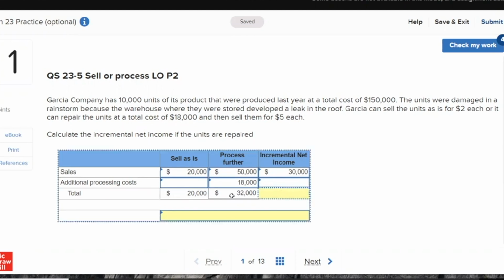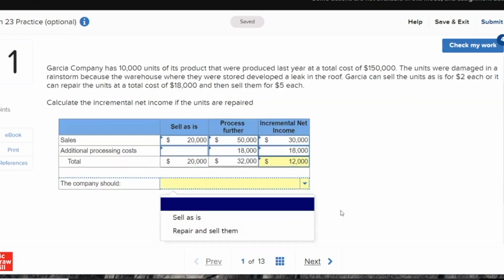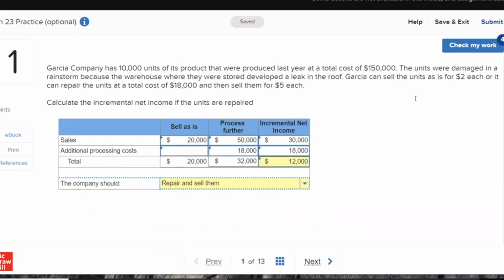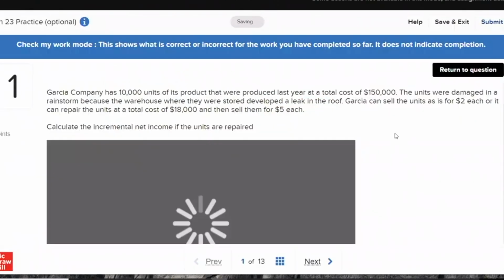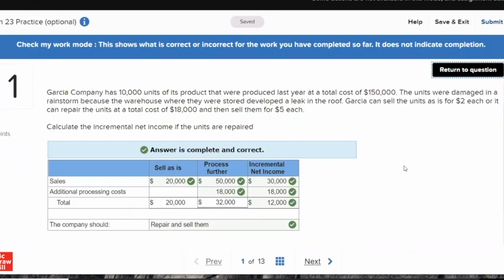The difference here is 12,000, right? I think they do want it here. Let's put it there and see. I don't know if that should be negative or positive, but obviously we should process further, right? Repair and sell them. Yeah, that's right.